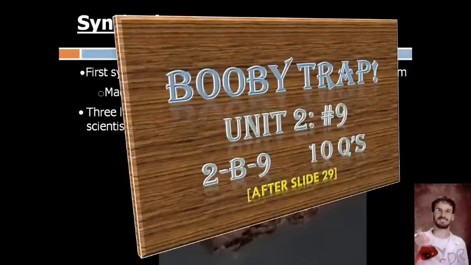We're going to talk about that part of an atom when we talk about bonding. At that point, you will know pretty much everything you need to know about the periodic table. So get ready for booby trap number 9, 10 questions. It's on all that stuff that we just learned about. And bonding is going to be coming up soon.